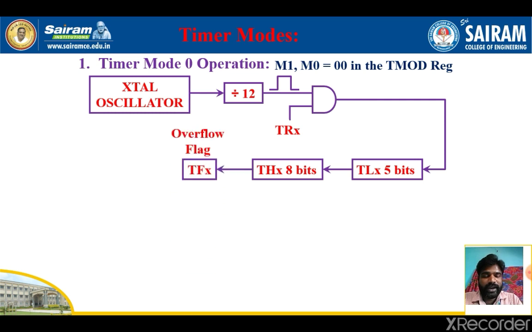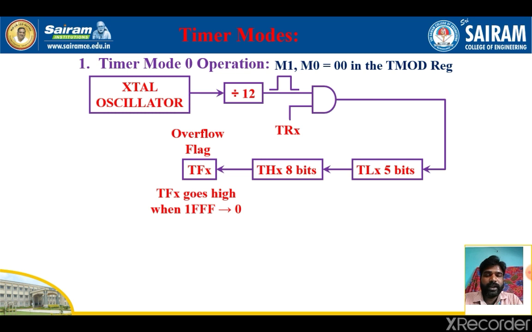It keeps on incrementing. When the timer I register also reaches the maximum, and with the next pulse it becomes 0, a pulse is provided. With that pulse it sets timer flag 1. That means the timer flag will be set to 1 whenever the maximum count value 1FFFH becomes 0.